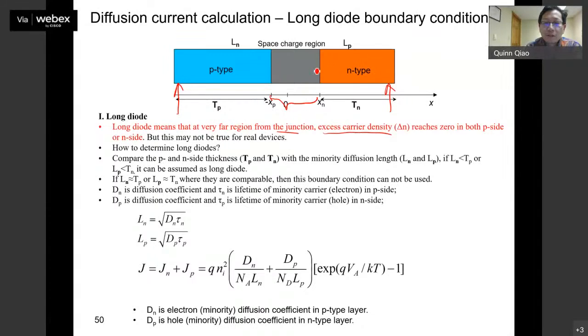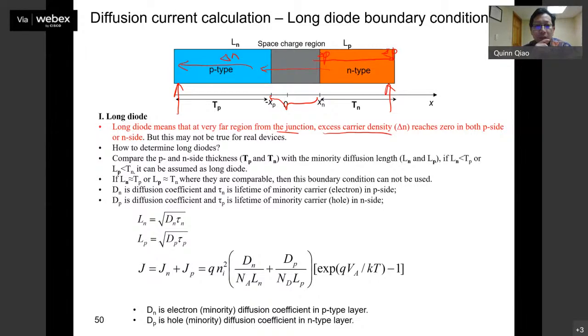You have electrons injected from the n side that go to the p side. You want to see how this electron as a minority carrier transports on the p side. That's delta n. Same thing, you have delta p, injected from p to n. Then you want to see how the delta p behaves at the far end. That's what it means.